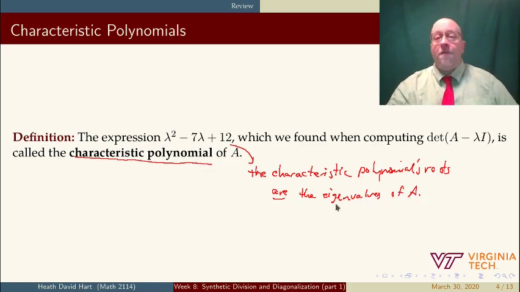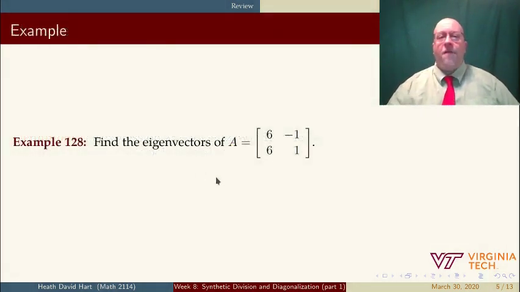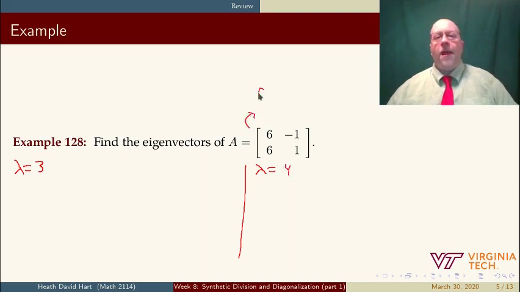We found the eigenvalues. To find the eigenvectors, we have to undergo a procedure for both eigenvalues. What we'll do is replace lambda in this modified matrix by each value that we found. 6 minus 3 is 3, and 1 minus 3 is -2.